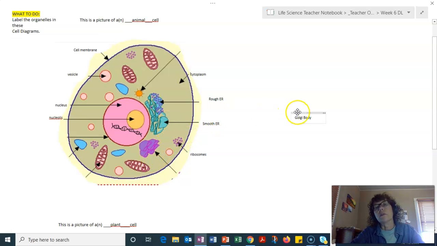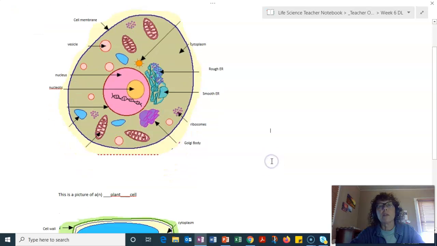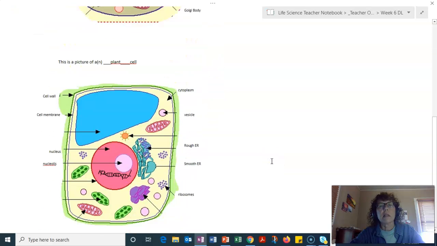So let's do this. Grab that label, put it right down here, and I'm going to go back to my plant cell, do the same thing. Golgi body, and right there. All right.